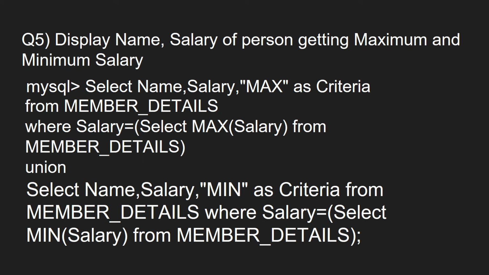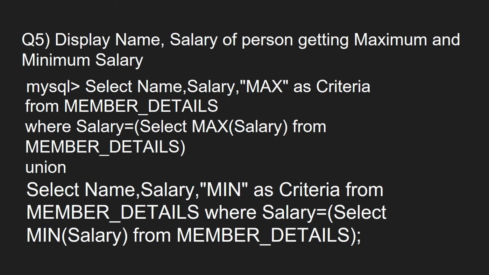Moving ahead, the details will be fetched from the member details table where salary equals. Here a condition arises. These details will only be printed if the salary equals the result of the query we have used just now to find the max salary, which we will put here. If both salaries match, that means the salary is maximum and the details of that person will be printed.